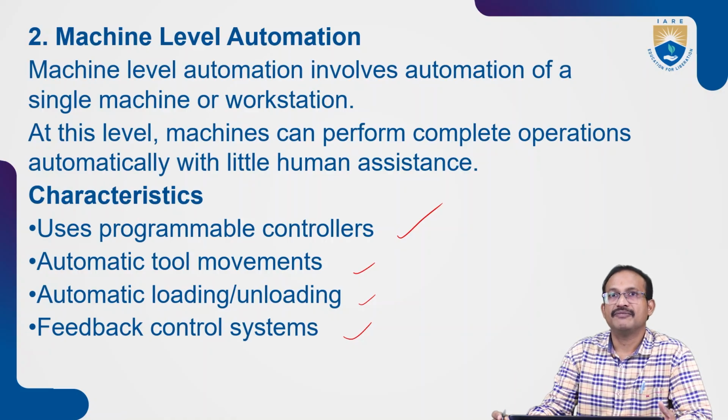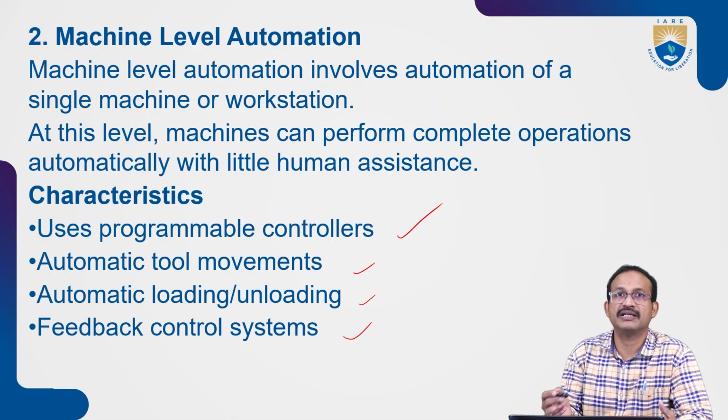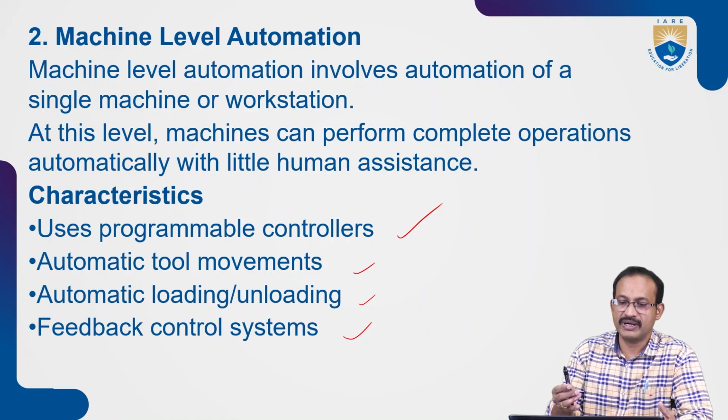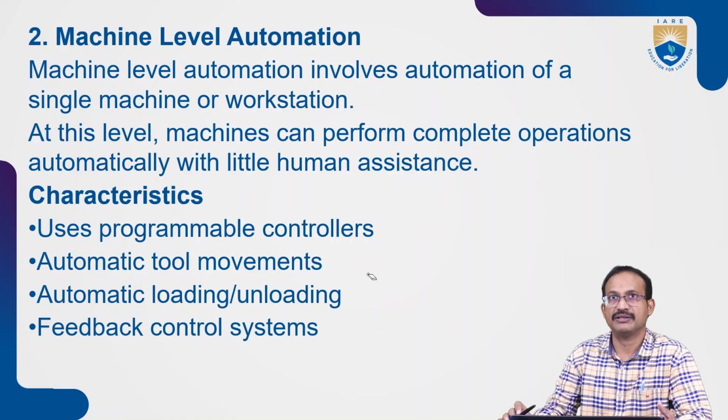Once it finishes the operation, whether finished or semi-finished, it should be unloaded and placed on some vehicle to shift from this machine to another machine. Loading, unloading, and transporting are all performed automatically at the machine level.